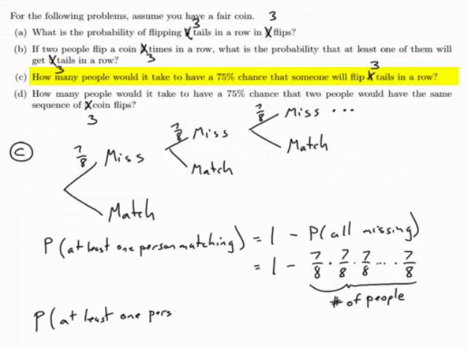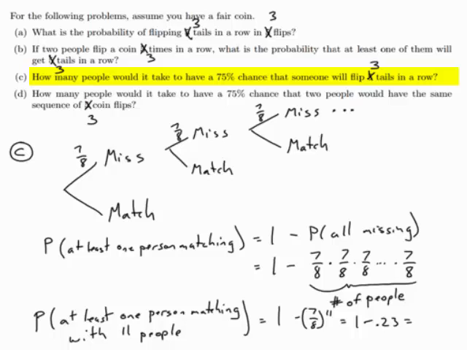So the probability of at least one person matching, and by matching we mean having 3 tails in a row, with 11 people, is 1 minus 7/8 to the 11th power, which is 1 minus 0.23, which is 0.77, and that is bigger than 75%. So it takes 11 people.